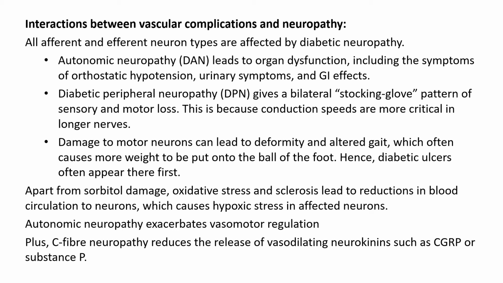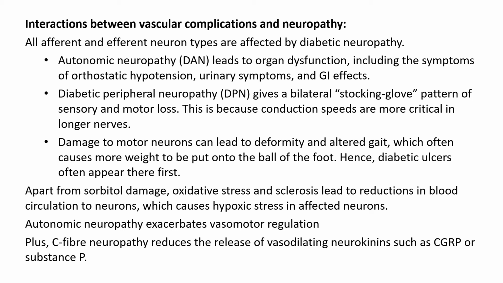Another issue is C fibers. Remember C fibers from your pain lectures. They release, when they're stimulated, neurokinins. Now, those neurokinins tend to cause vasodilation around the area where they've been stimulated.